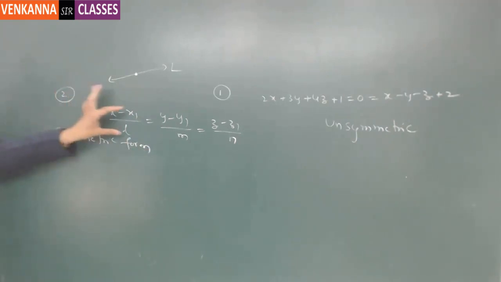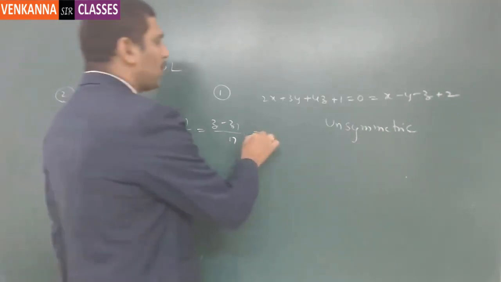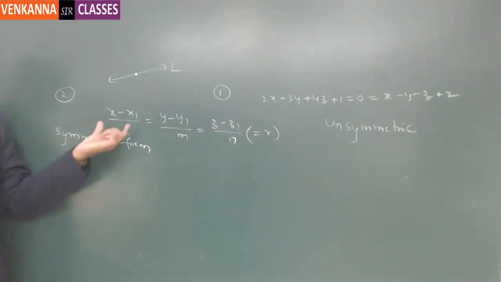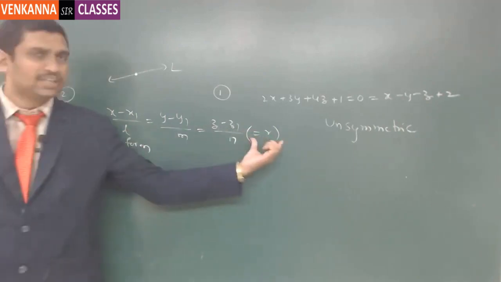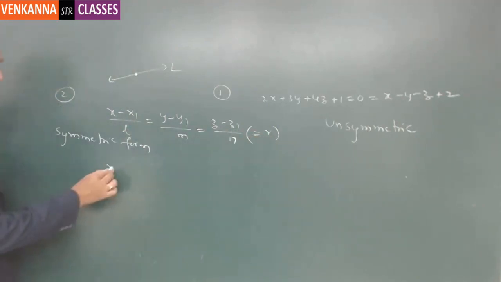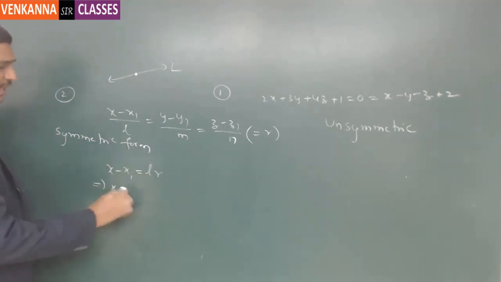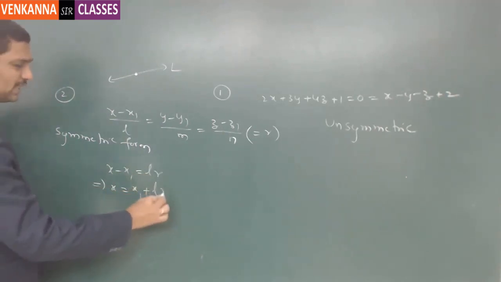So since the values are proportional, you take them as equal to r, the proportionality constant r. So if you equate the first one with r, you will get that x minus x1 is equal to Lr. It is nothing but x is equal to x1 plus Lr.